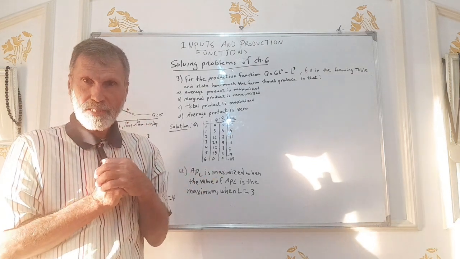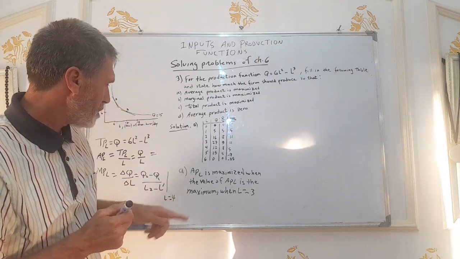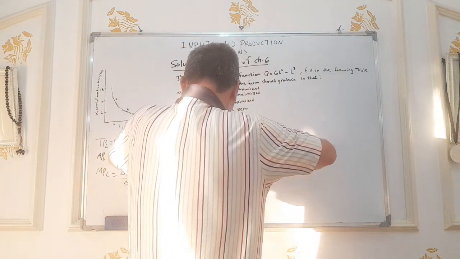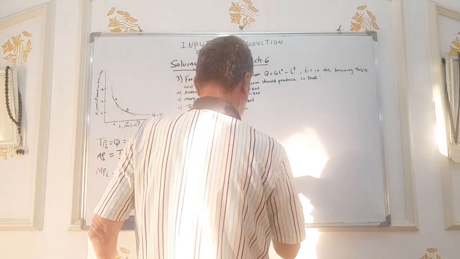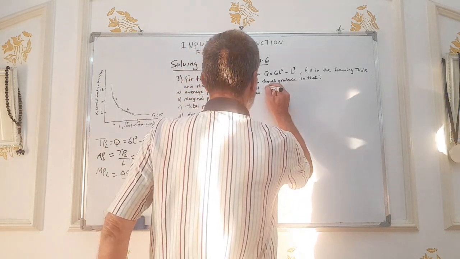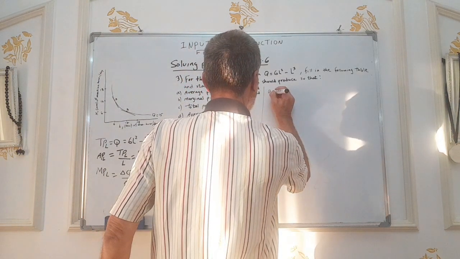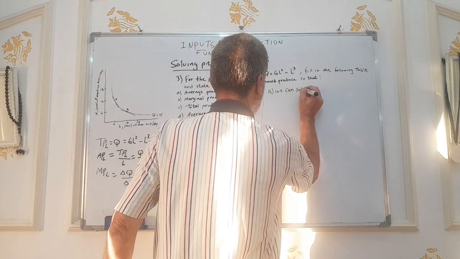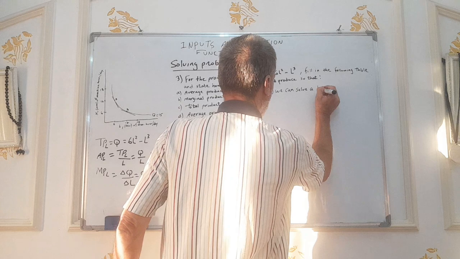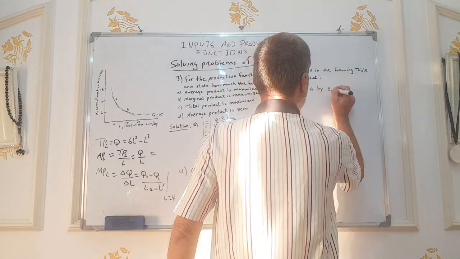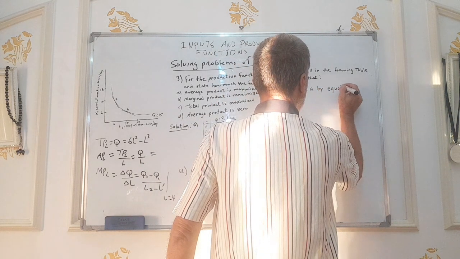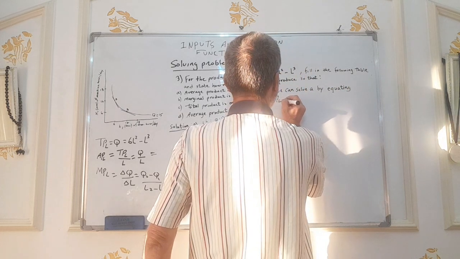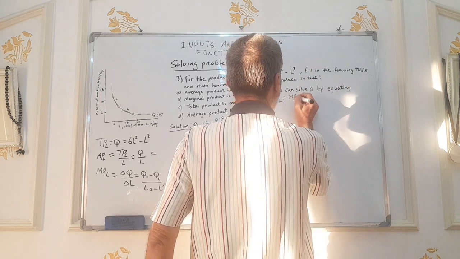We can do that easily. So we can solve A by equating average product of labor equal to marginal product of labor.